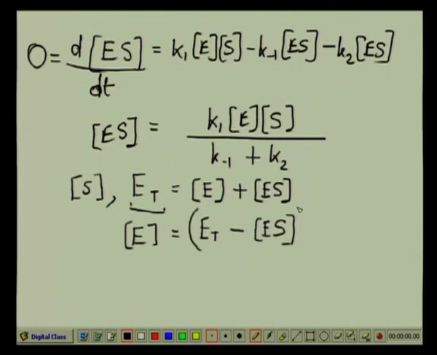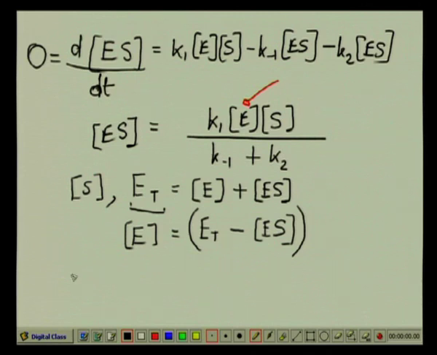Where do I have this quantity in my expression? Here. So, this is where we are going to now substitute this. So, do that. If we do that, what do we get?